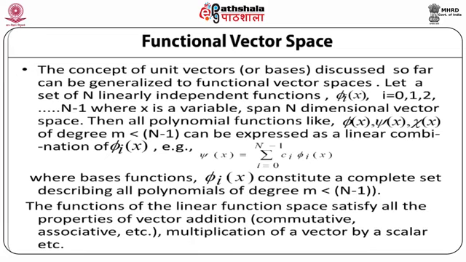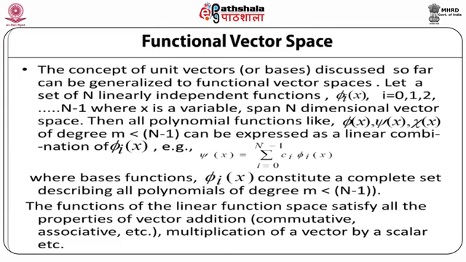Let us consider two functions phi(x) and psi(x), and let us define a scalar alpha. Then alpha times (phi(x) plus psi(x)) is equal to alpha times phi(x) plus alpha times psi(x).